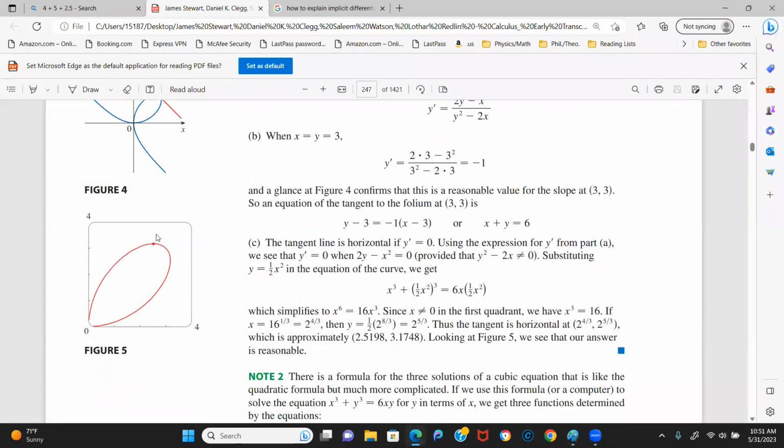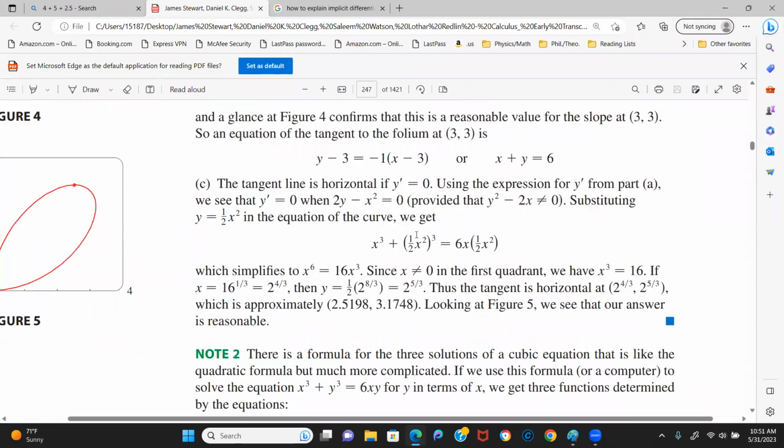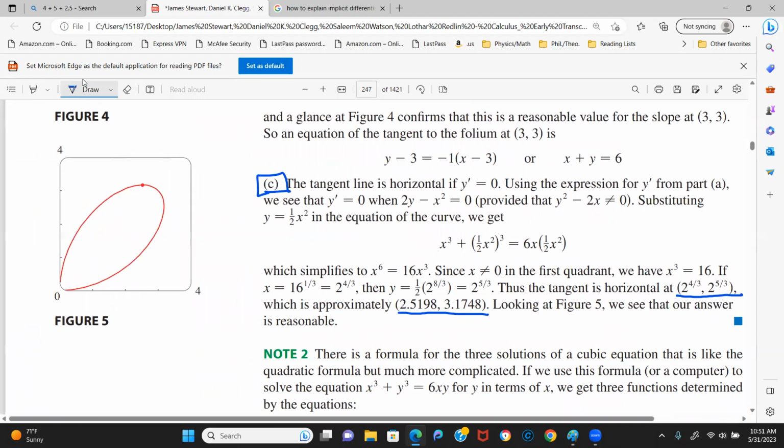So this is part C, and they did all this algebra and found that the horizontal tangent is here, which is what we saw, and it's approximately this point. Here's part of the curve, and this point is a little bit above 3, and that's exactly what the y coordinate is, 3.17.